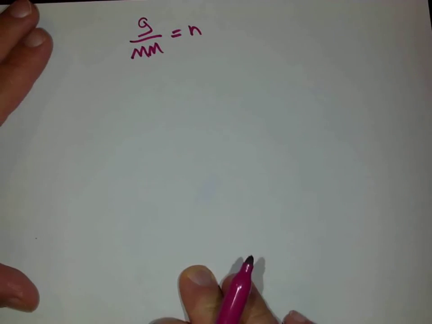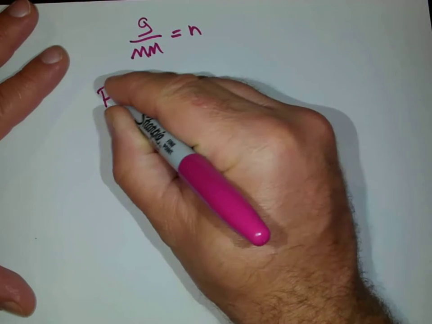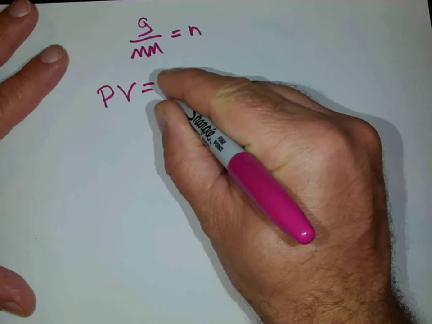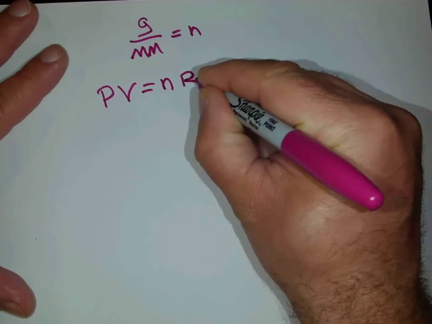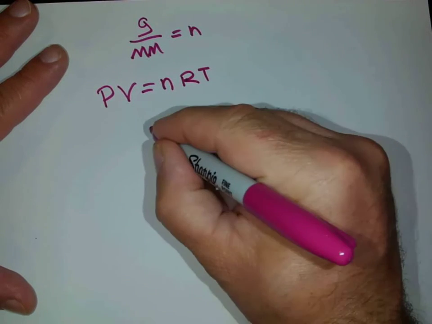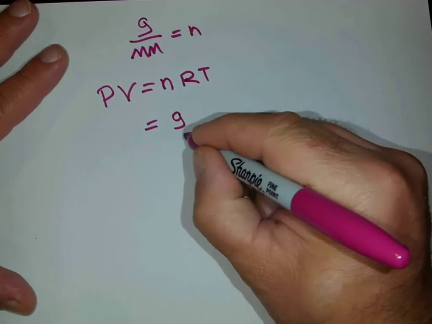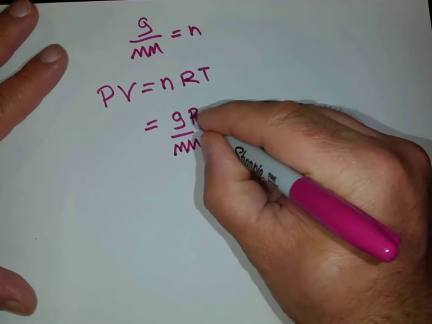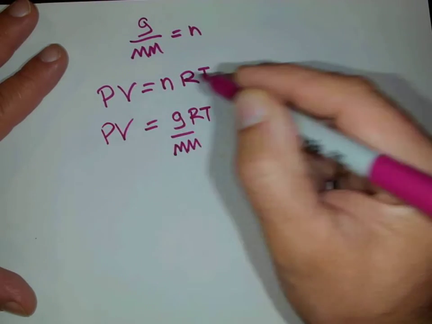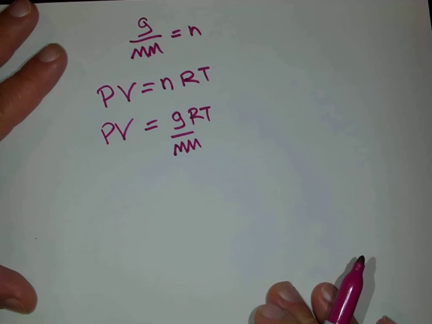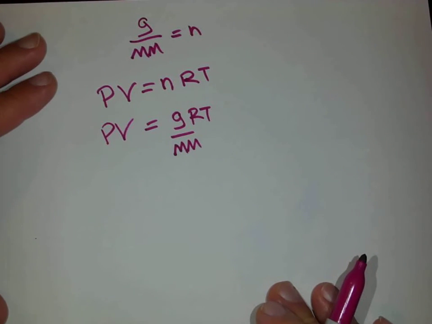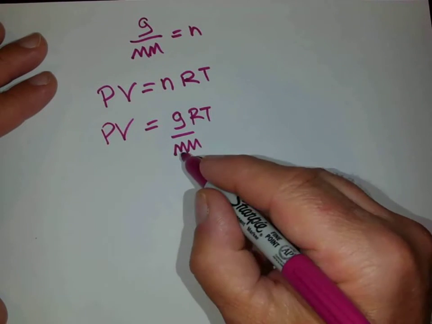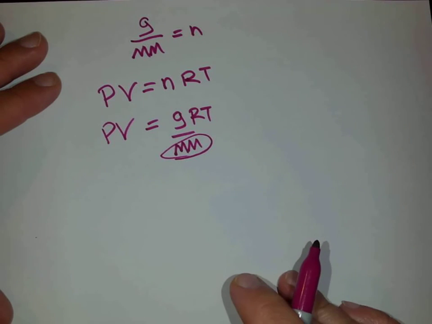All right, so if we take PV equals nRT, we can substitute g over mm, RT, for where n is. And then you can solve for the molar mass of a gas.